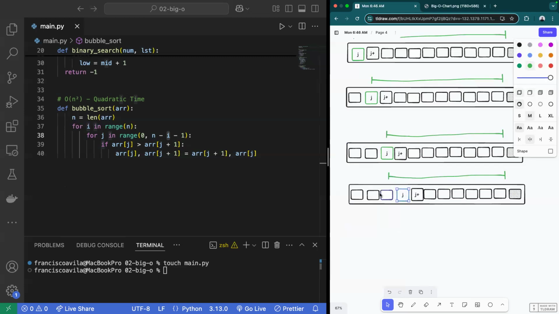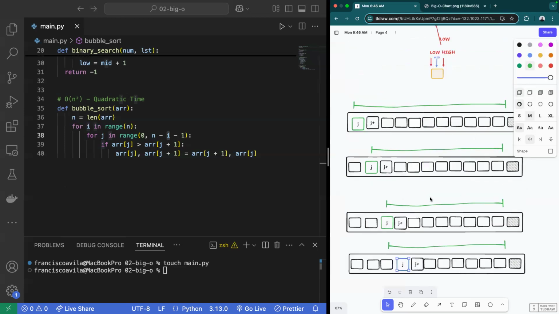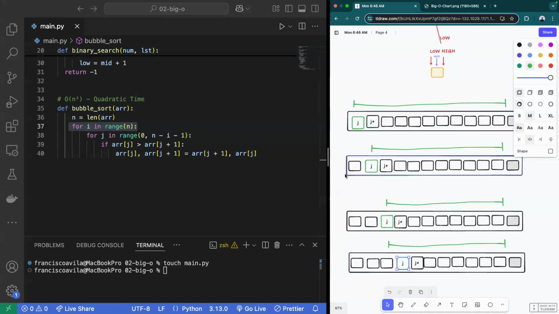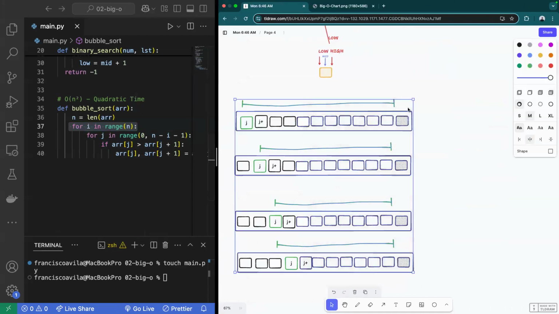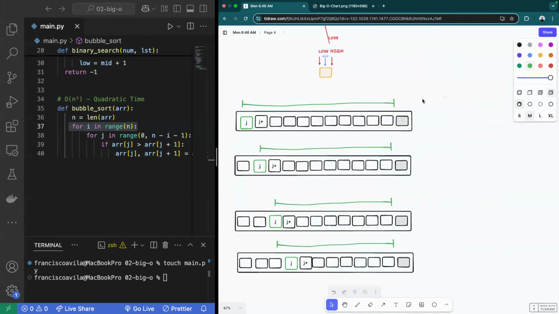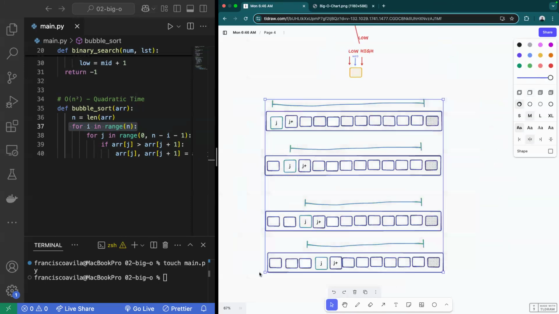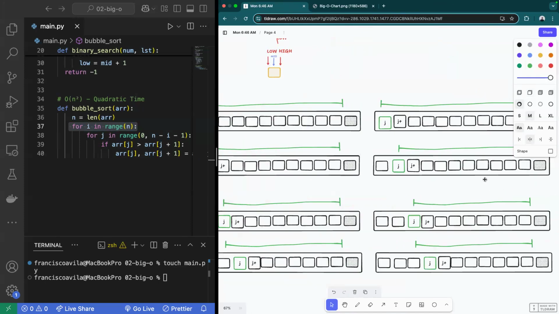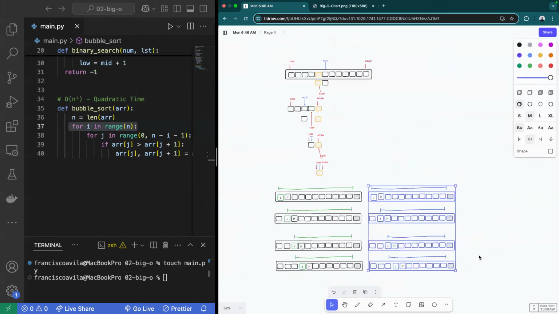Now, why could this be a problem? Well, what we're drawing out here is just the very first iteration. But this process of sorting the list from left to right isn't only happening once. It is happening for all 12 indexes. So this exact process that we just drew out is actually happening another 12 separate times.